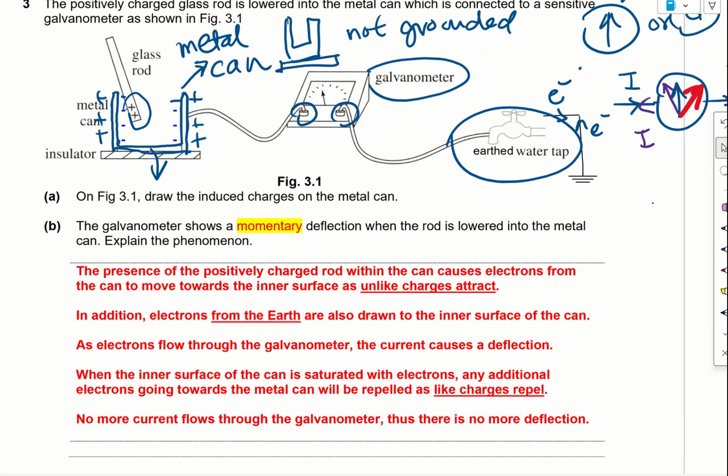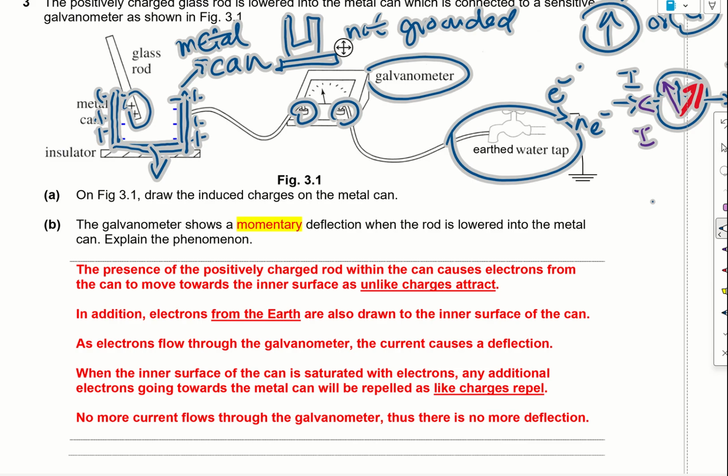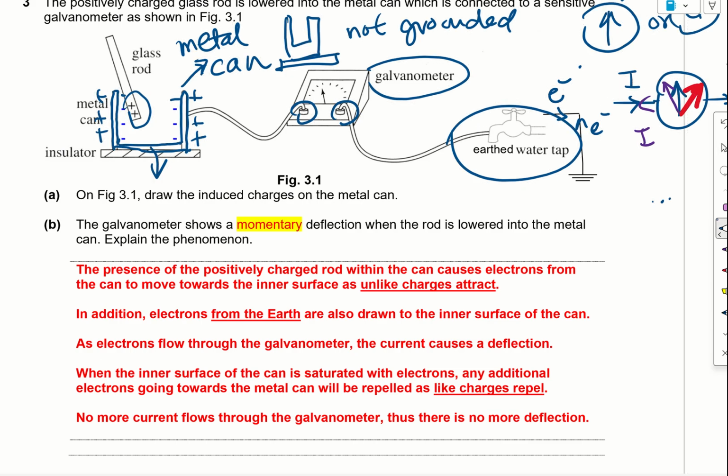And because this is earth, the electrons from earth will actually come up and neutralize the positive charges.